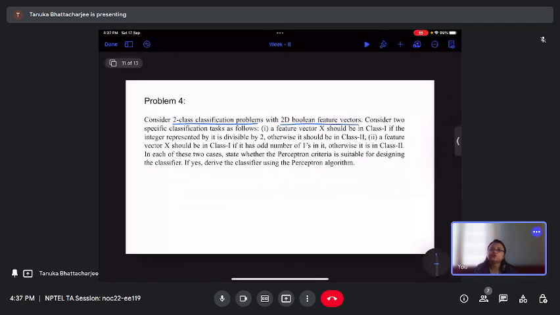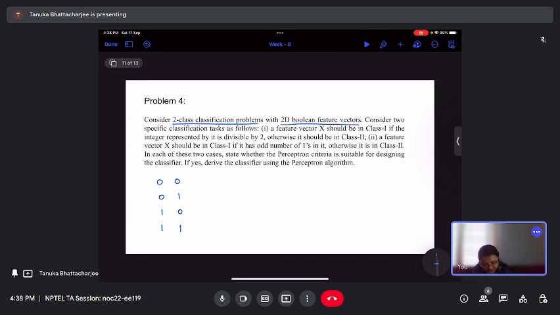Particularly, you can have 4 different feature vectors. So, you can have either 0 0 or 0 1 or 1 0 or 1 1, right? Now, it is said that if the integer represented by this feature vector is divisible by 2, then it is in class 1, and otherwise it is in class 2.